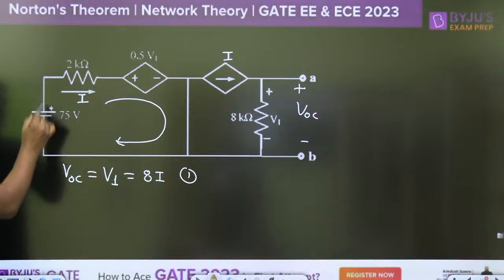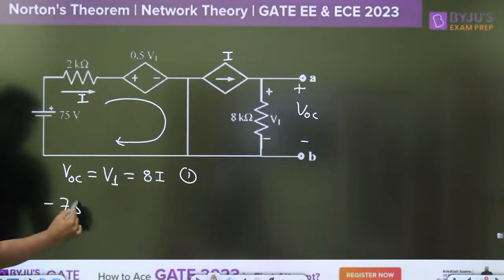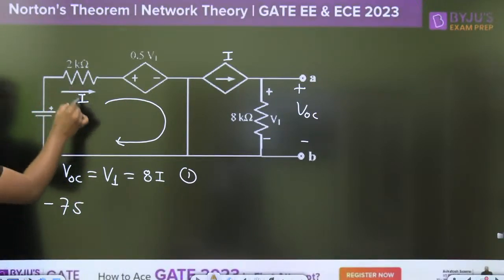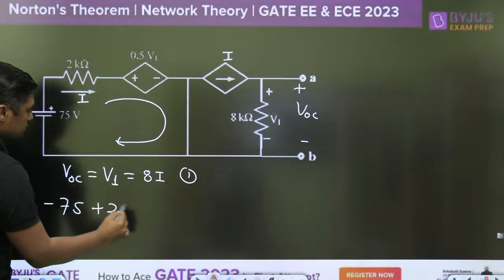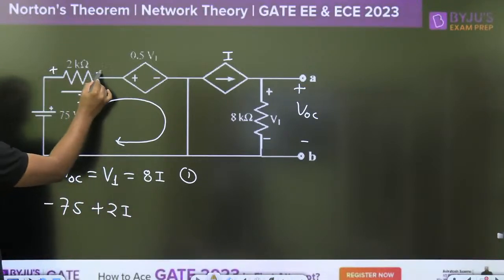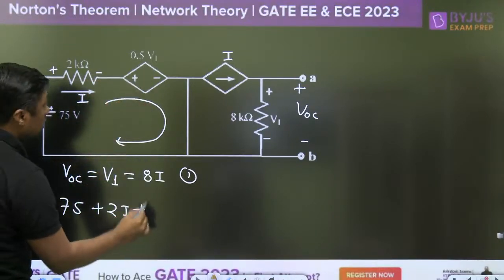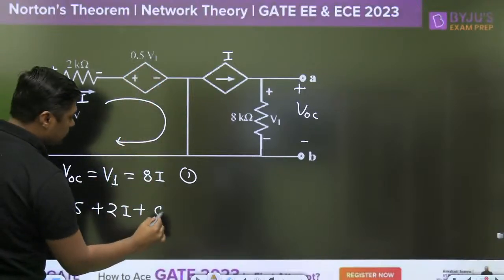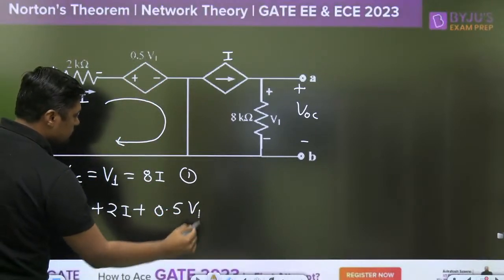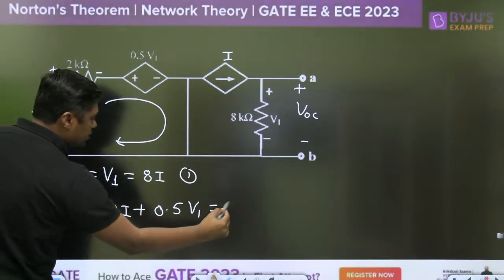We have to write the KVL like this. When I am writing the KVL: minus 75 plus 2 into I, plus 0.5 V1 is equal to 0.